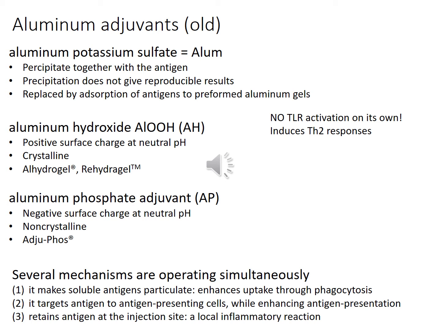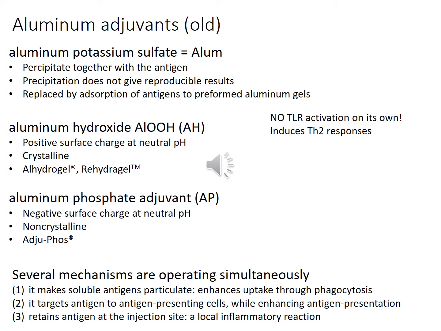It is a crystalline adjuvant, and the crystals are long and needle shaped, and the brand names here are Al-Hydrogen and Re-Hydralgel. These two adjuvants are still used in vaccine development.